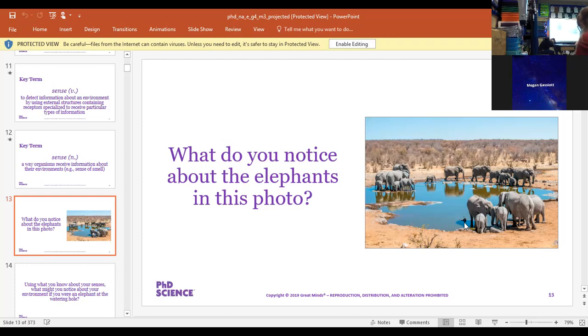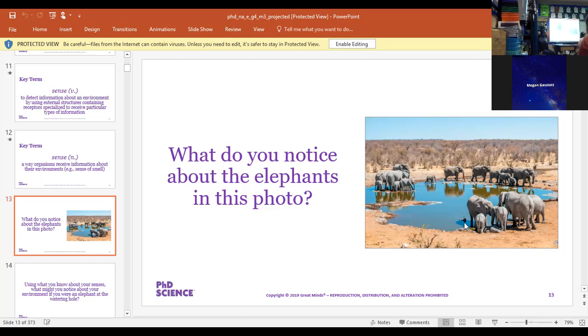Innocente, what might you notice about your environment if you were one of those elephants at the watering hole? There's not a lot of water. It's not a very big pond, is it? Not exactly a running river. What else, Logan? There's a crocodile in the water.